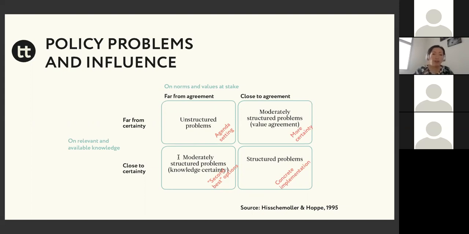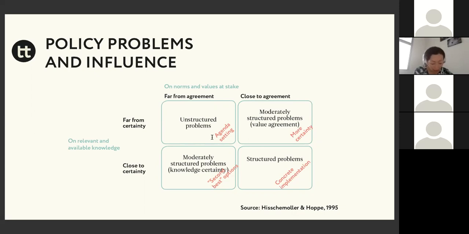So when we don't have agreement on the norms and values, we are in this column. And here we have two types of problems. When we don't have certainty on the knowledge, we are on very unstructured problems. So this is what you're saying about knowledge, right?